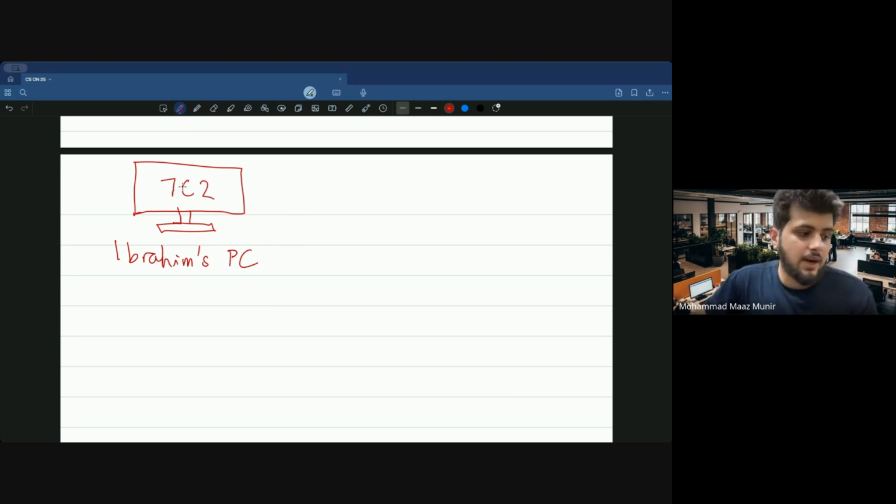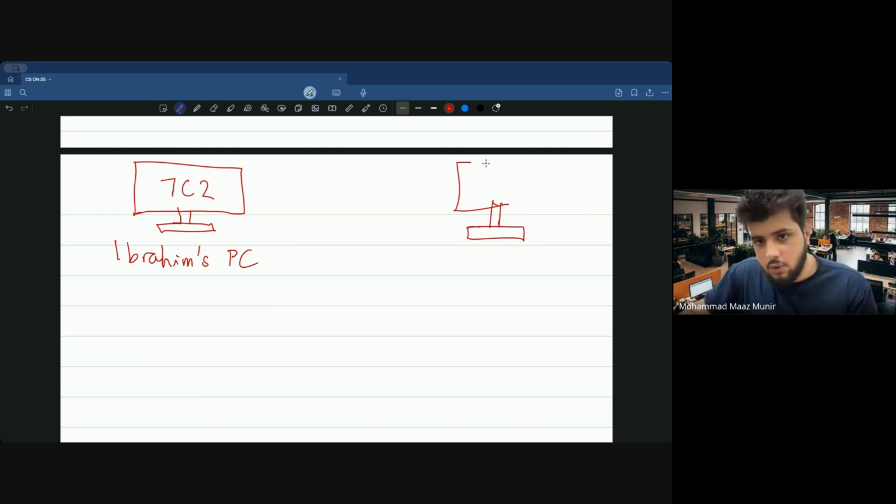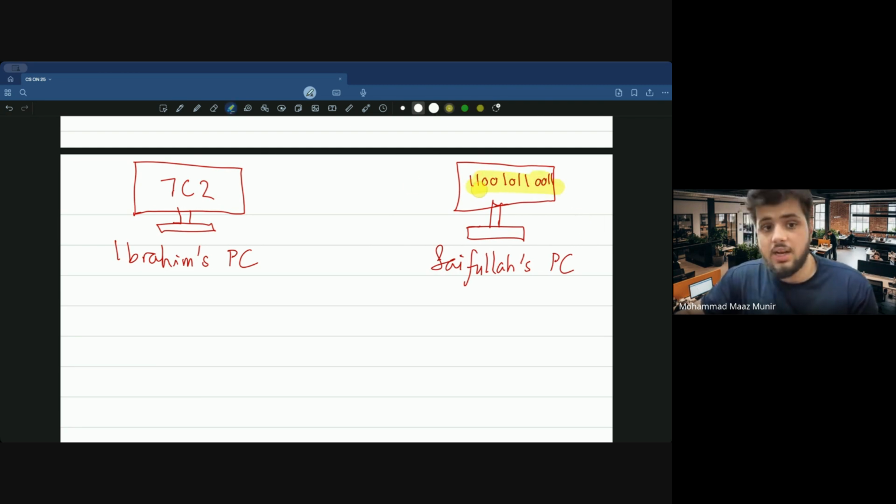And maybe Ibrahim doesn't know what this error is about. Whereas at the same time, we have someone else, let's say Saifullah. Saifullah opens up his computer, Saifullah's PC. Now Saifullah's PC gives him an error like this: 110010110011. Saifullah's PC gave him the error in binary terms, whereas Ibrahim's PC gave an error in a hexadecimal number.